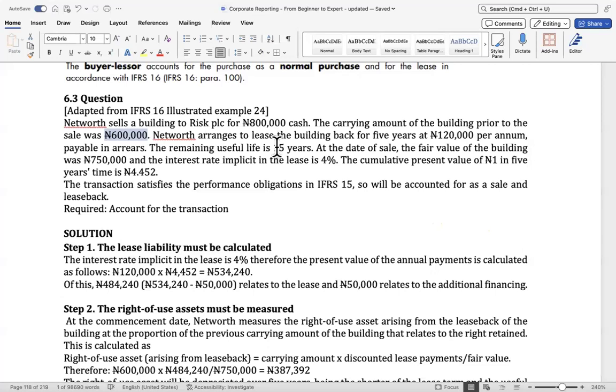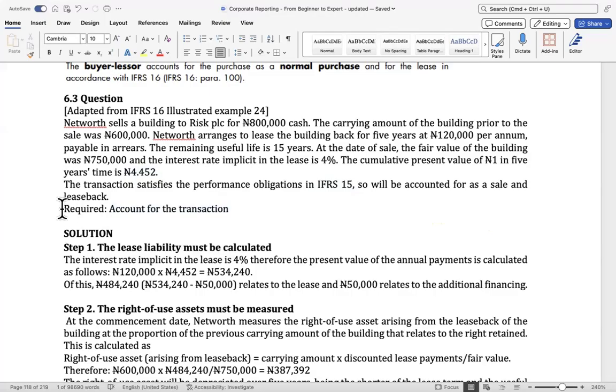The remaining useful life is 15 years. At the date of sale, the fair value of the building was 750,000 and the interest rate implicit in the lease is 4%. The cumulative present value, they give us the discount factor of 4.452. The transaction satisfies IFRS 15. Account for this transaction.